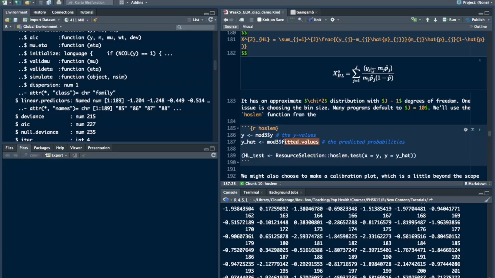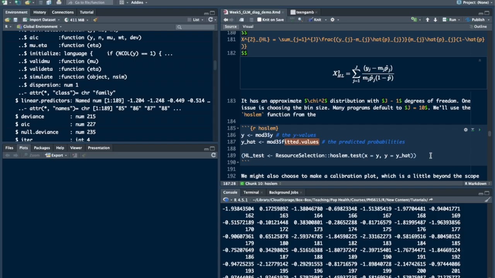So Y_j would be the number of actual low birth weight babies in group j, subtract off M_j, the number of people in that group, times the average probability in that group. That gives us an expected count. So it's observed minus expected over variance. It's a chi-square-ish thing.